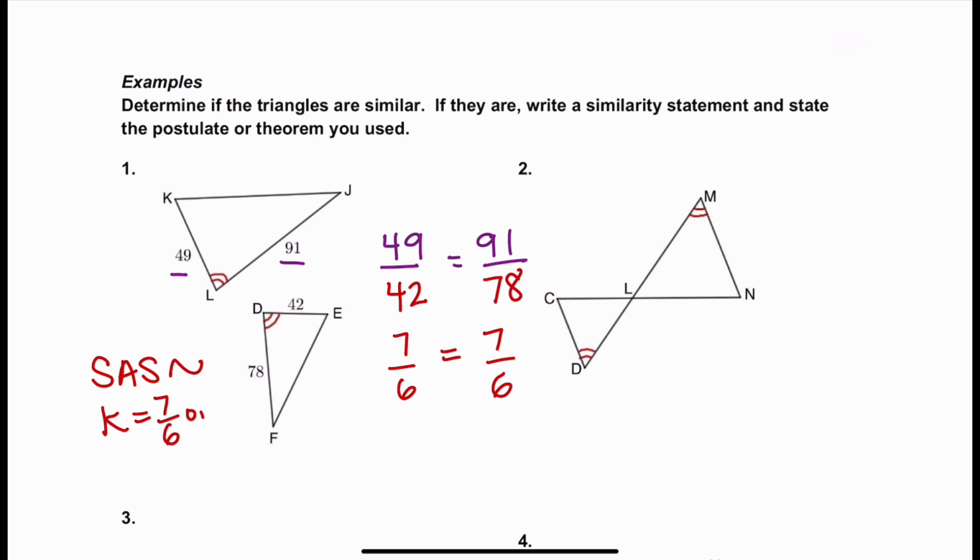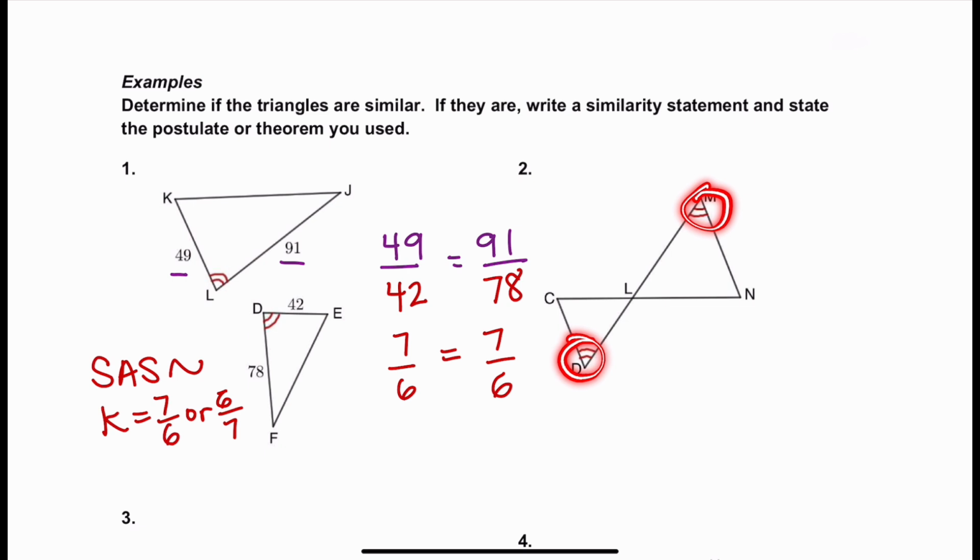It could also be 6/7 if you had to put that the smaller triangle was on top. So if you had to flip those around, it would have given you 6/7. So either one of those proportions could be used for the scale factor.